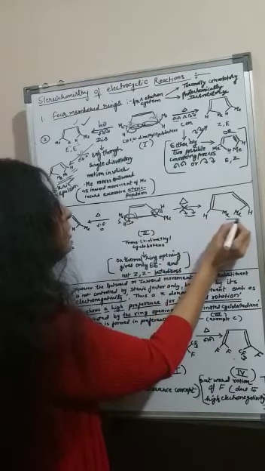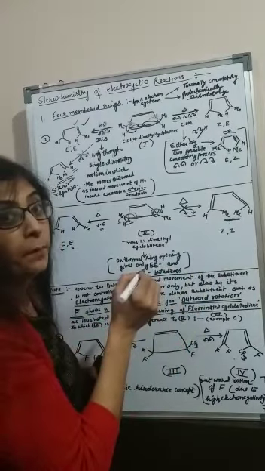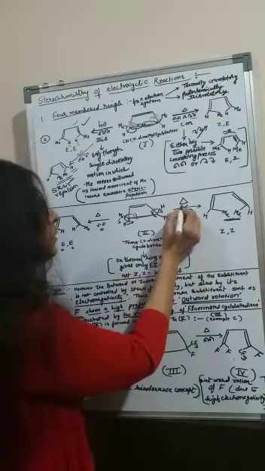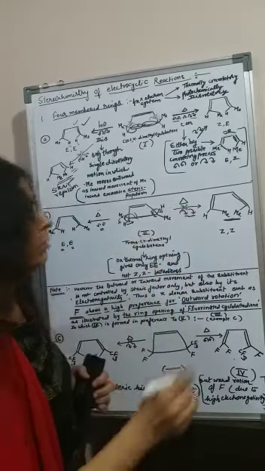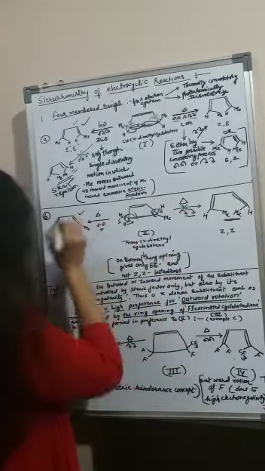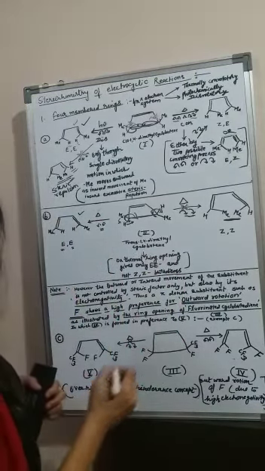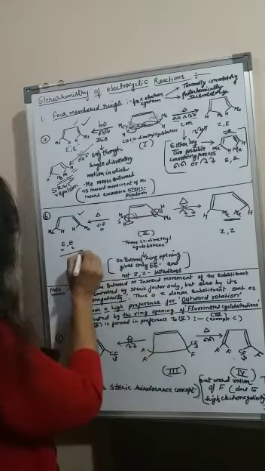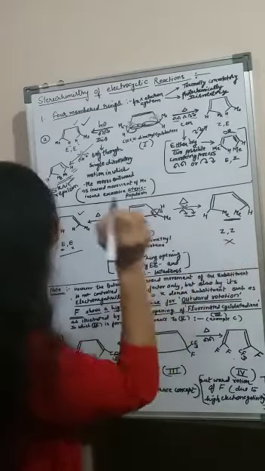Here you see that steric repulsion is playing an important role, so this product will never be forming. Understood? So this is not forming, this is only forming. Only one way of conrotatory process is there, so only the EE configuration isomer will be formed, ZZ will not be forming.